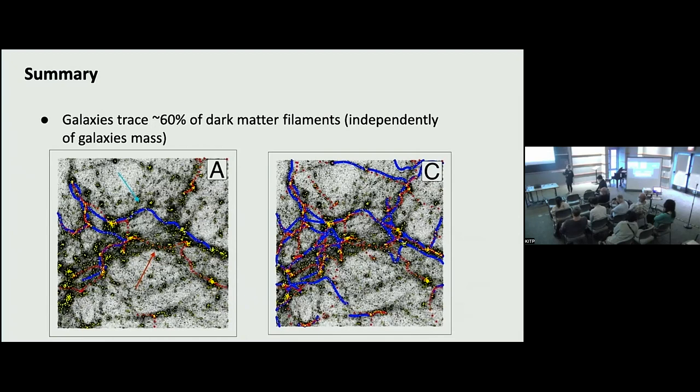Yeah, this number really depends on what we consider as the filaments. Would we like to say that it's filament by dark matter or by galaxies? If we say this is filaments, this number can change, but we still have a galaxy bias. And that's the main point, that we probably can't fully recover the dark matter filament system using only galaxies.